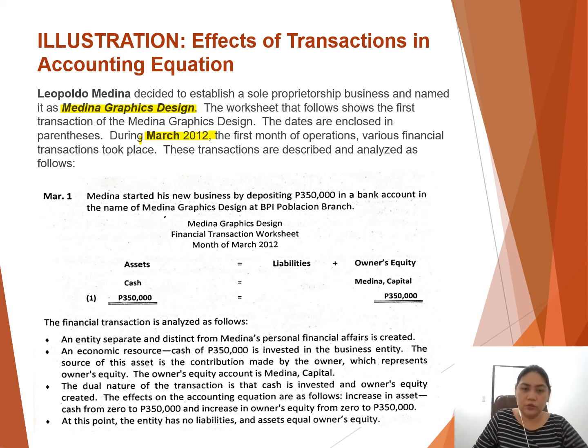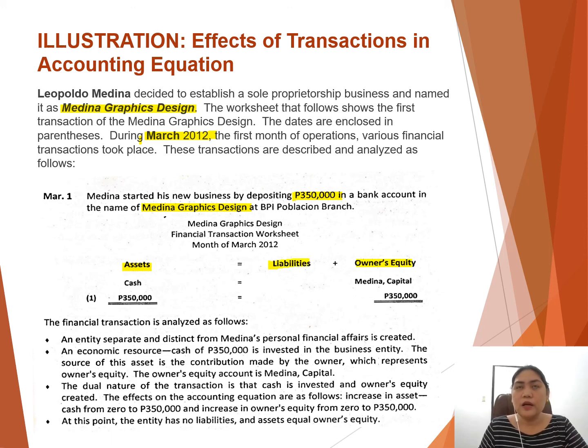Now, ito yung nangyari dun sa business niya. March 1. Okay, nag-deposit daw siya ng 350,000 sa bank account nung Medina Graphics Design, nung negosyo niya. So, therefore, nakita ninyo, meron tayong asset, liabilities, at saka owner's equity.